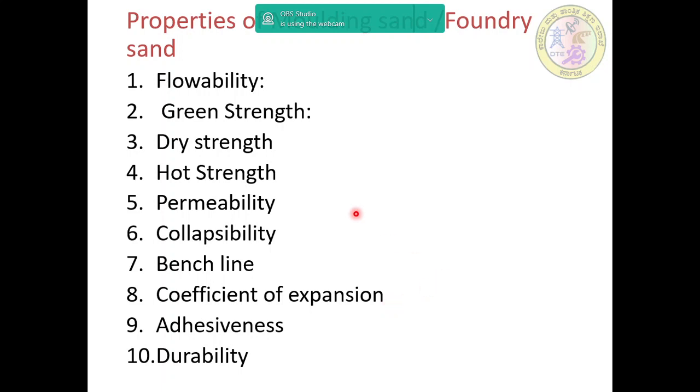These are the main properties of foundry sand or molding sand: flowability, green strength, dry strength, hot strength, permeability, collapsibility, refractoriness, coefficient of expansion, adhesiveness, and durability. We will discuss them one by one.